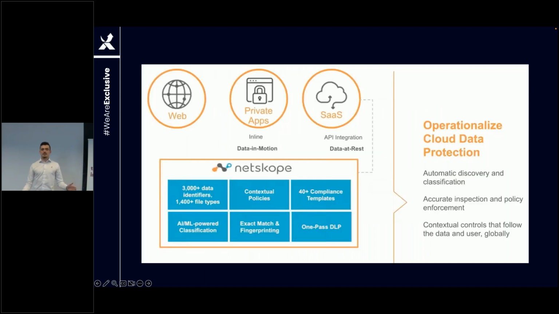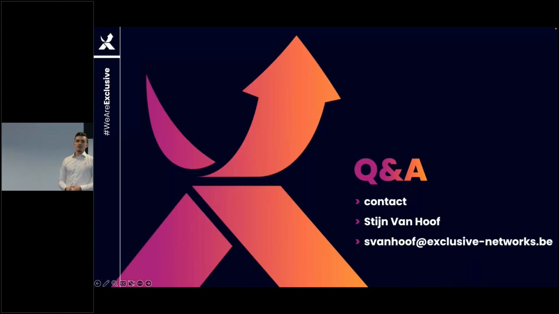Please keep in mind that Netskope has not only a static way of doing it with data identifiers, but also a combination with AI and machine learning capabilities, the exact match feature, and fingerprinting, that can all be combined to provide you best-in-class security. So if you have any questions, please put them in the chat, and otherwise I will be right back to Stan.